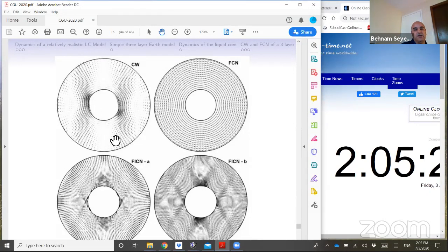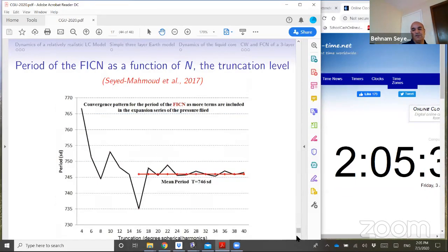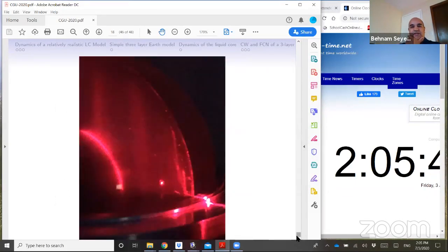This is inviscid, and you can see that the Taylor columns are very clearly visible, and the eigenfunctions are actually very regular. Okay, so that's all I have to say today. Thank you.